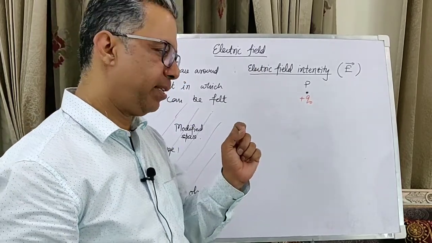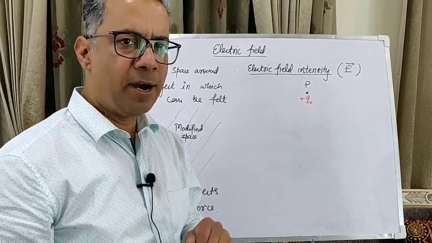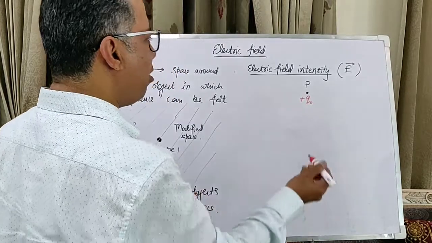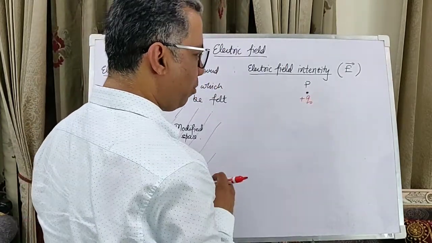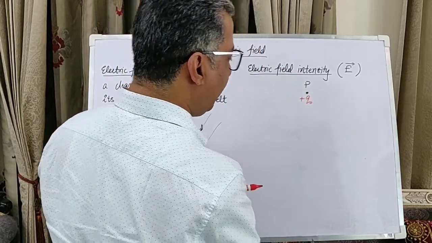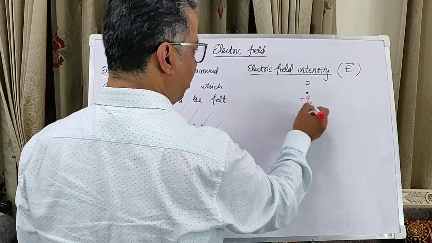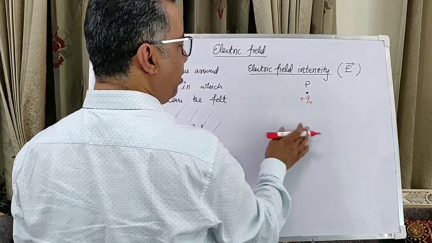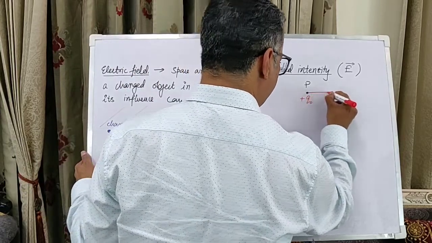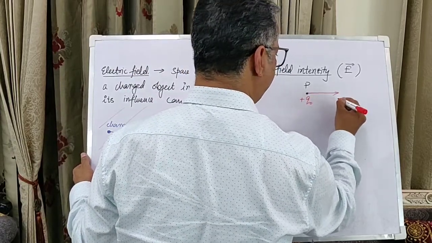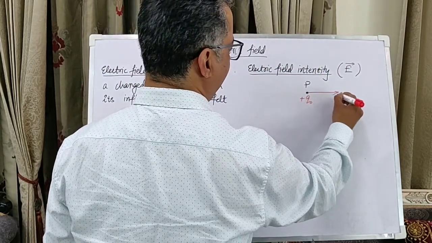Conventionally, or traditionally, test charges are positive. So we've got a positive test charge Q0 placed at point P, and then we measure the net force acting on it due to the surrounding charges. Now let's say the force that it experiences due to the existing electric field is, say, F.